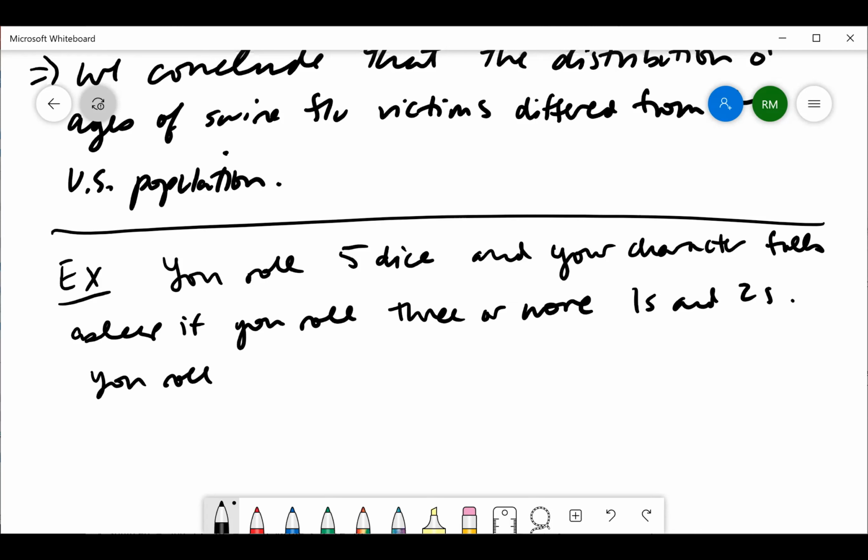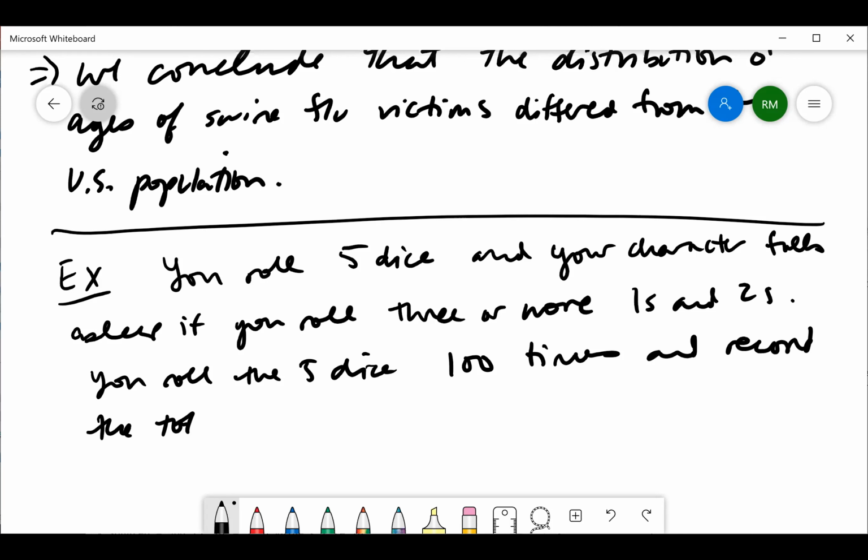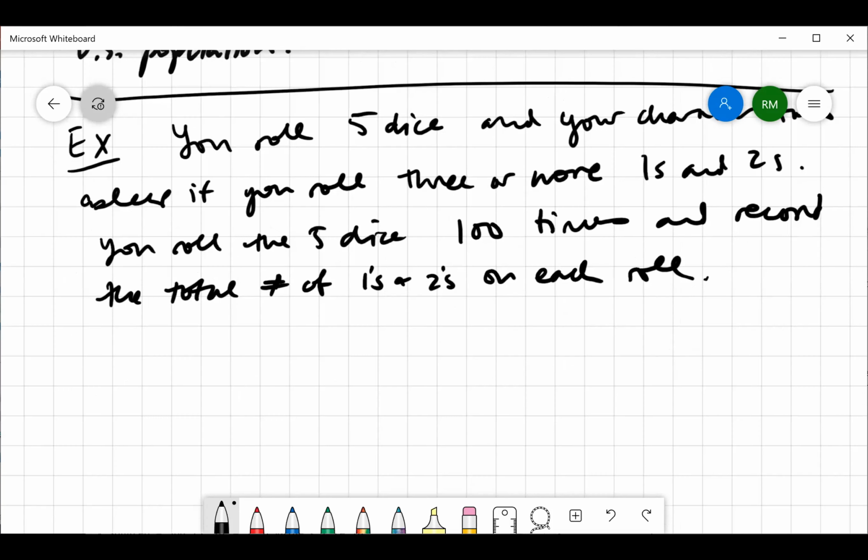You roll the 5 dice 100 times and record the total number of ones and twos on each roll. And you get the following frequencies.